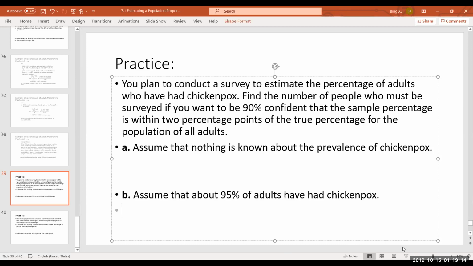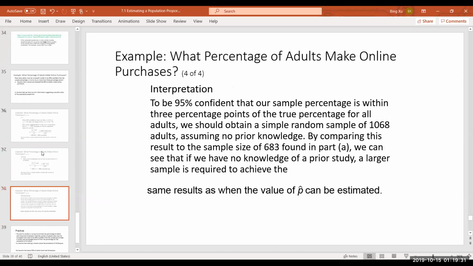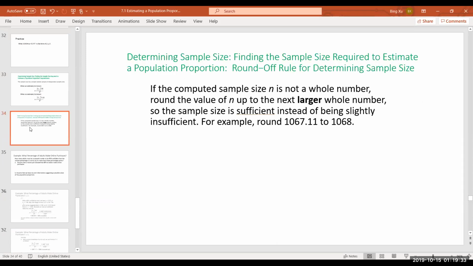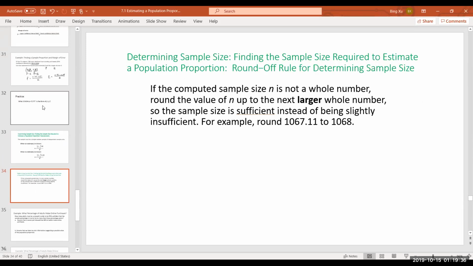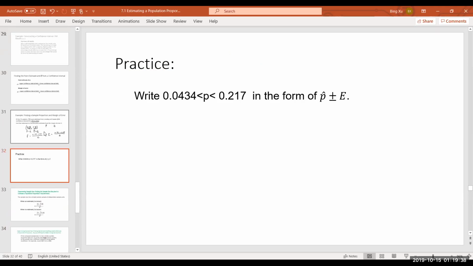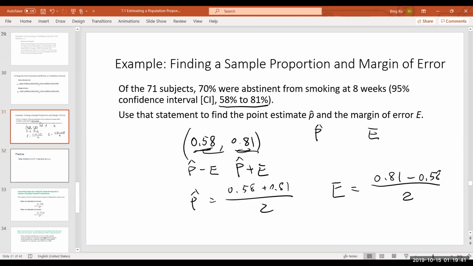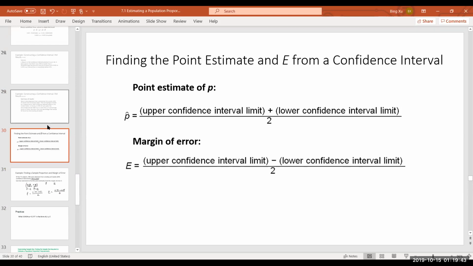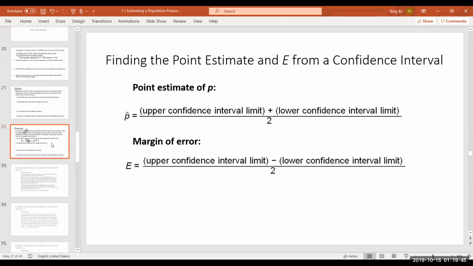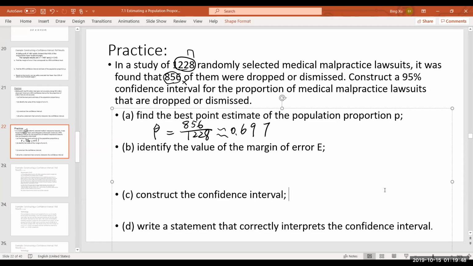You plan to conduct a survey to estimate the percentage of adults who have chickenpox. Find the number of people who must be surveyed. I don't think I asked you to find the sample size, so that was a bad example anyway. Okay, so go back to this problem.